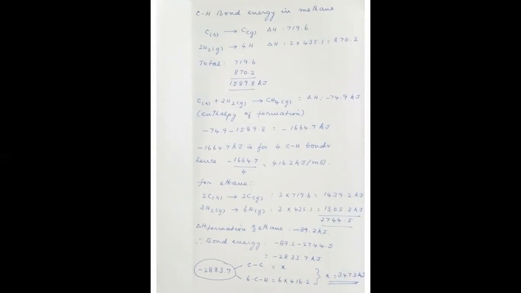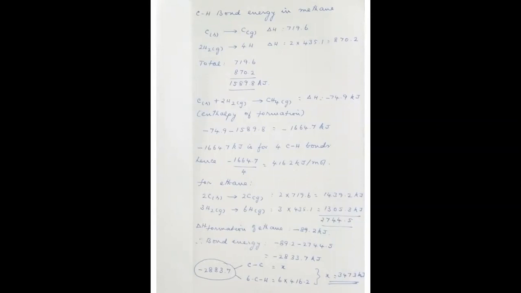That is what is done in this step. What you are getting is minus 1664.7 kilojoule. So this minus 1664.7 kilojoule is for all the 4 CH bonds.